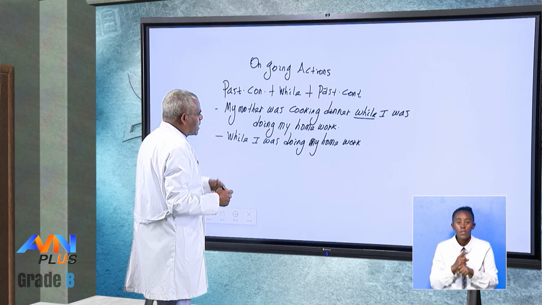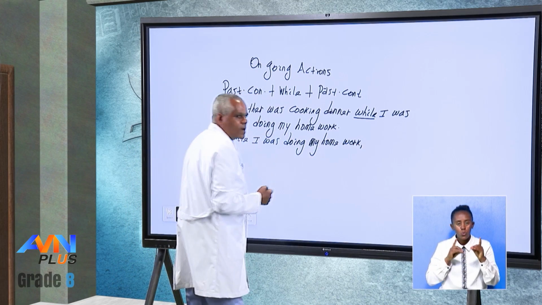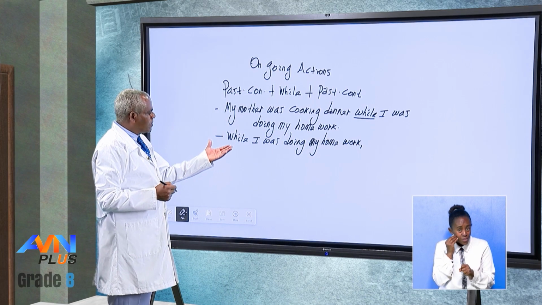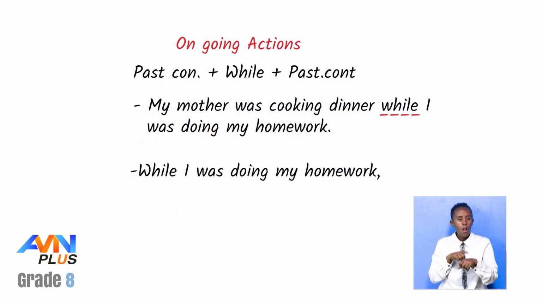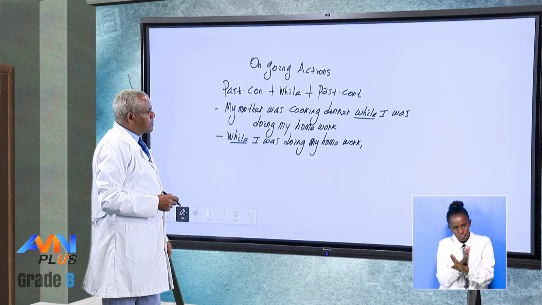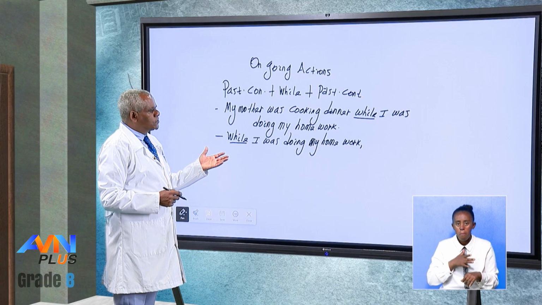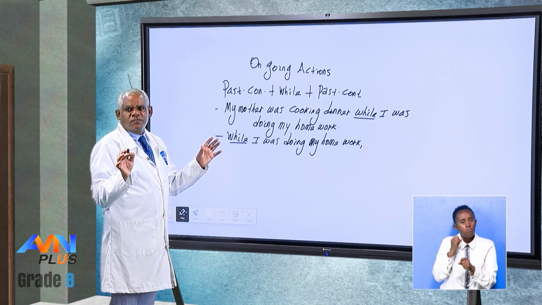Because while comes at the initial position, a comma comes after that clause. It doesn't matter: While my mother was cooking dinner, I was doing my homework. Both are acceptable. Please don't forget this.